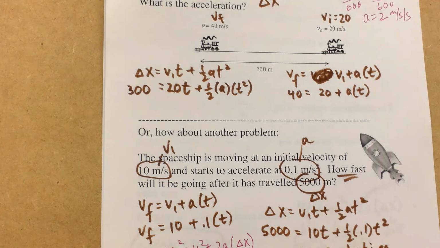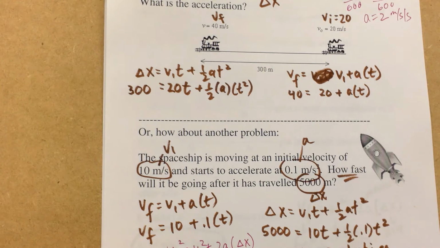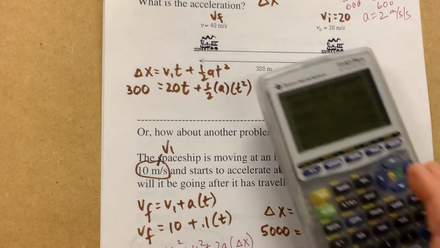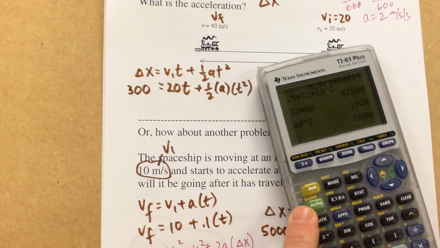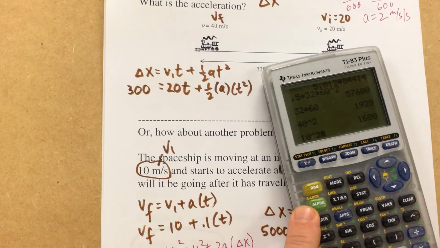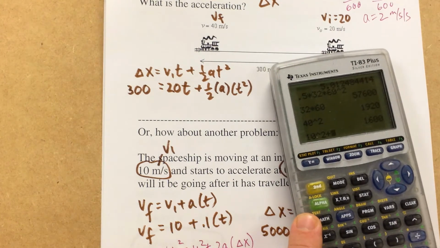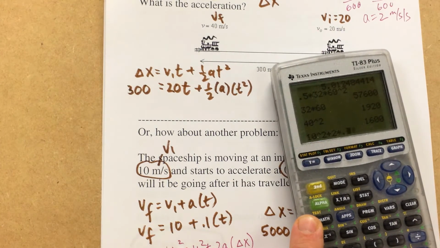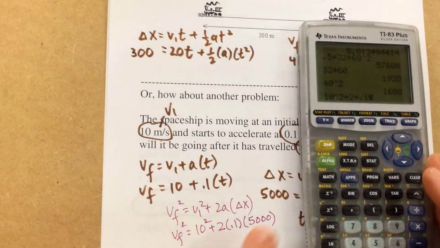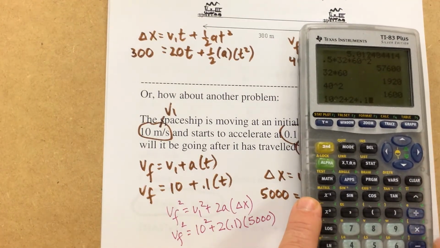The acceleration was 0.1, and the delta x, how far, was 5,000. Do you see how that works? Not too hard now, is it? So we've got 10, we'll square that, and then add that to the product of 2 times 0.1 times 5,000.